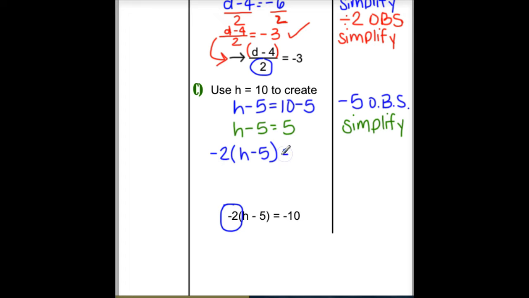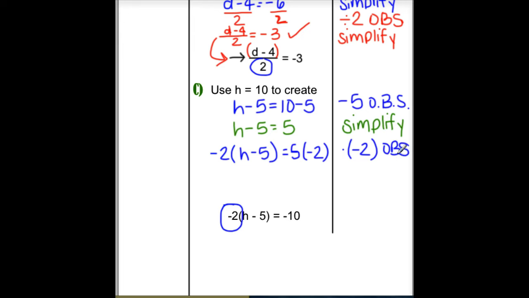So then I'm going to multiply positive 5 times negative 2, and I'm going to write down times negative 2 on both sides.